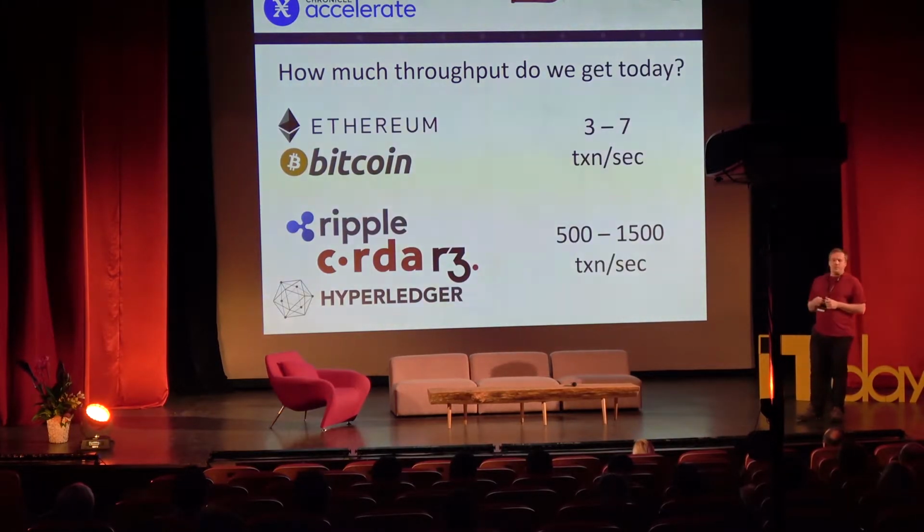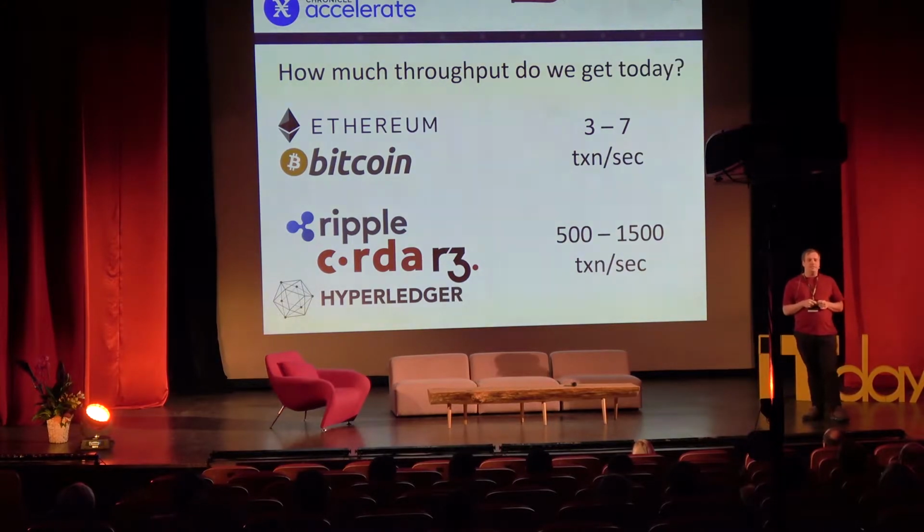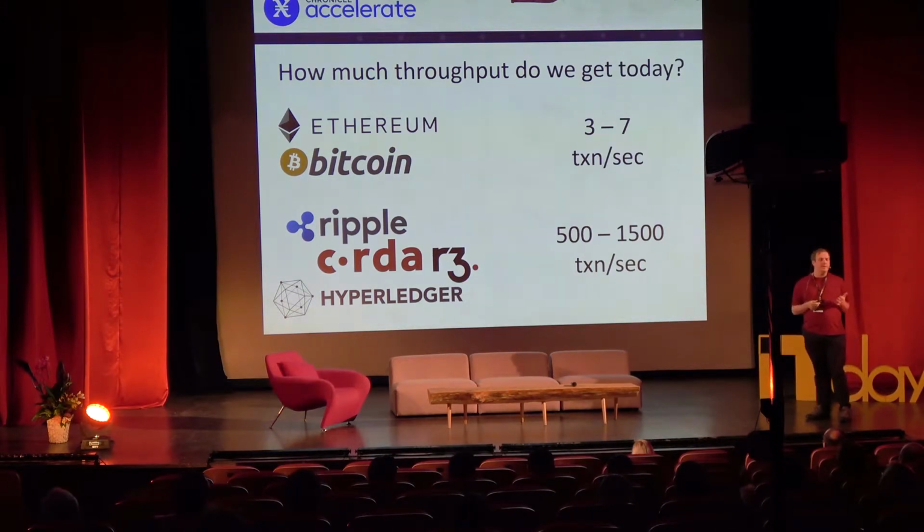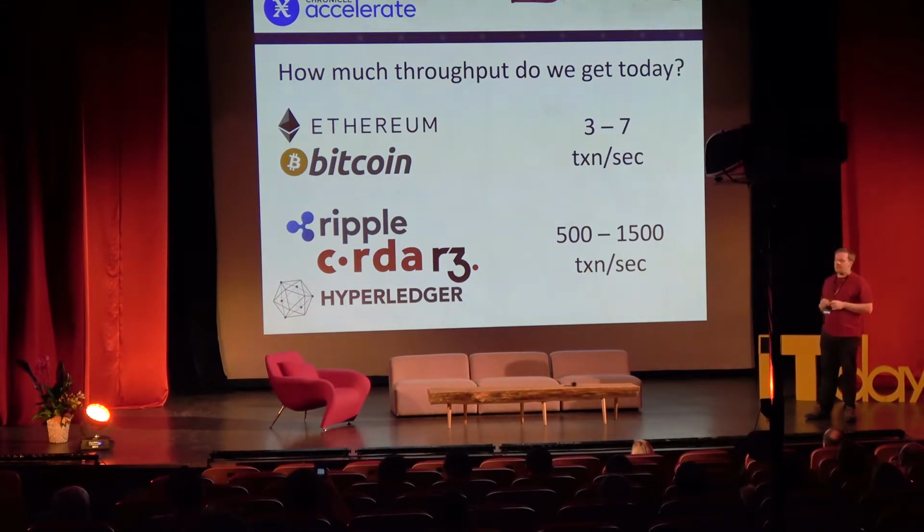So this is where blockchain tends to run into a little bit of difficulty, and that is that the transaction rates you can get with, say, Ethereum and Bitcoin are much lower. Bitcoin's about 2.5 to 3 transactions a second. Ethereum, the global chain, can sustain about 7. There are other technologies out there which get higher rates in the order of 500 to 1,500 transactions a second.